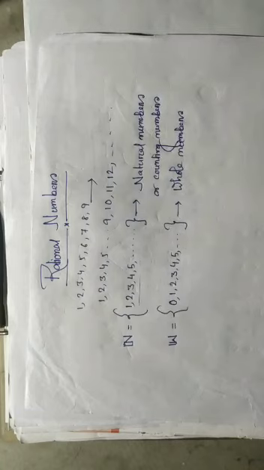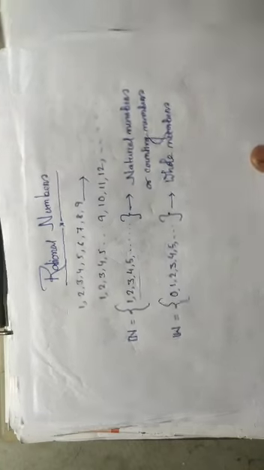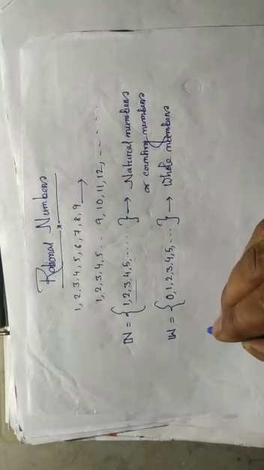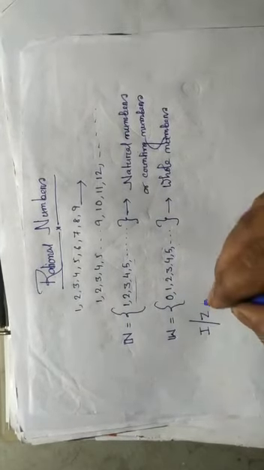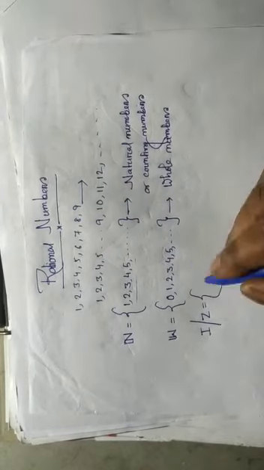From here, we made a new set with the set of natural numbers and all negative numbers, and the new set is called the set of integers, and it is denoted by I or Z. So what is the set?